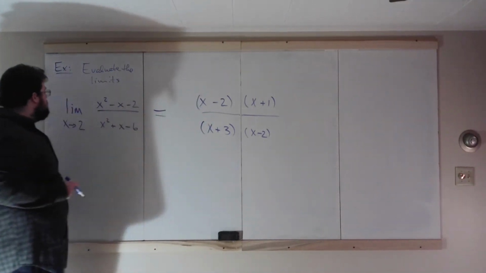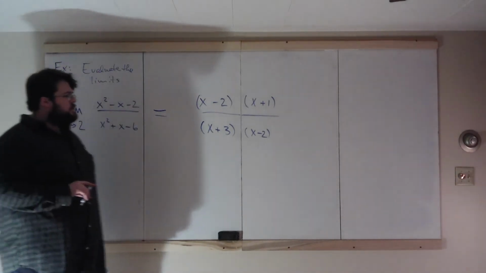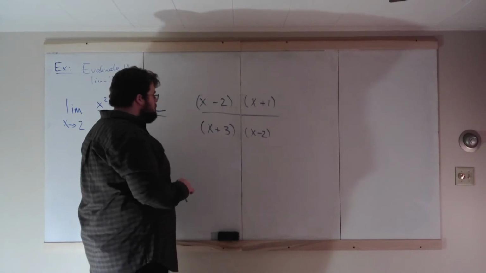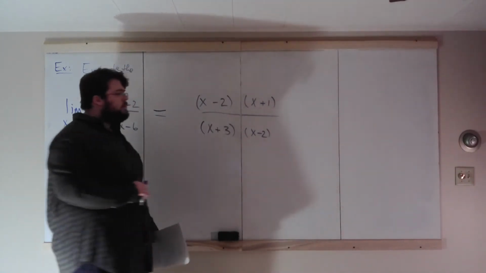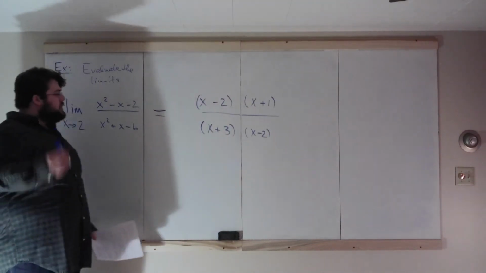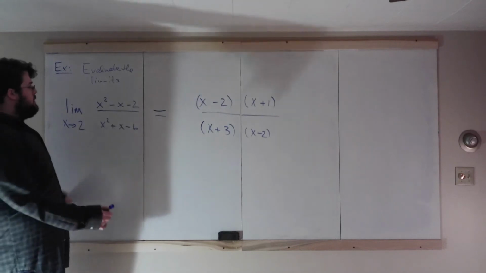Right here, we have the limit of some expression. The limit of some expression isn't just equal to a bunch of numbers and x's. The limit of some expression is equal to a bunch of numbers and x's after you take the limit.